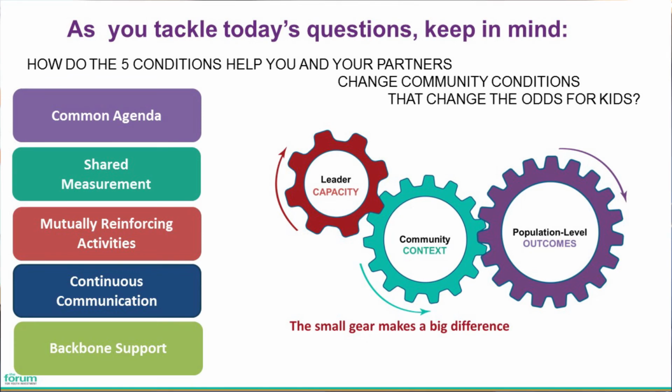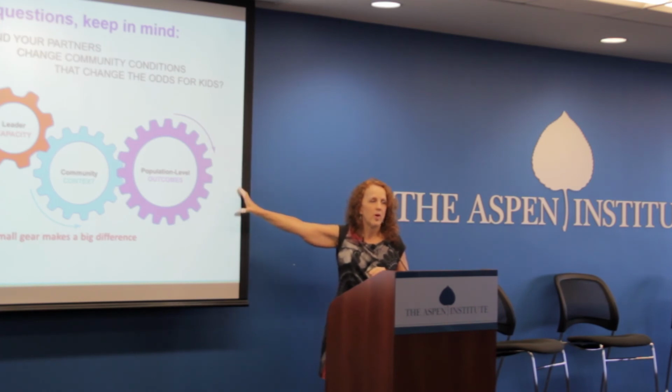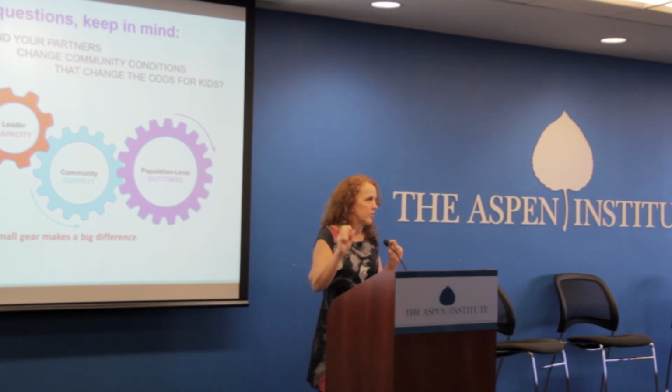And as we leave this, I just want you to think today, as we go through the workbook, how do these 5 conditions help us answer the questions of what are the outcomes we care about? What is the context in the community that we're trying to address? And you'll see this as we're working through. And what is it that we and our partners can actually do about that picture?